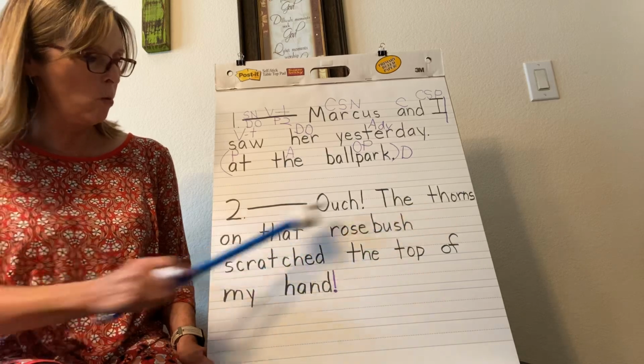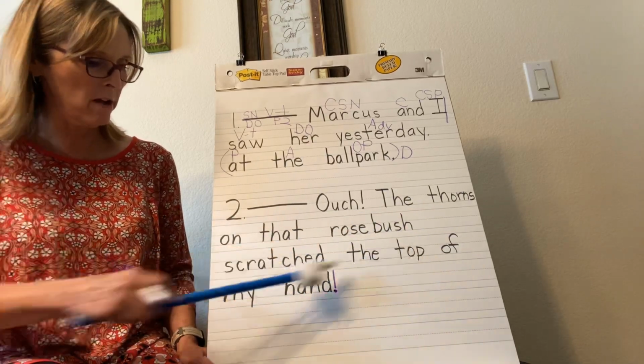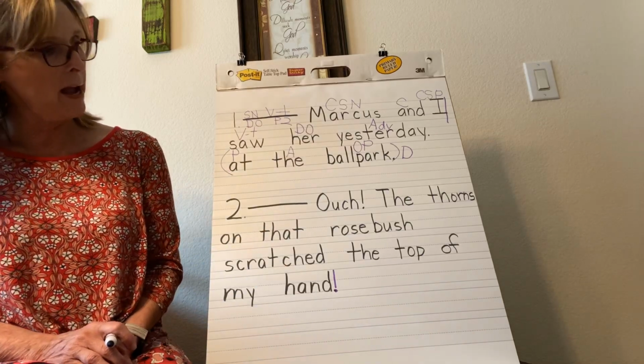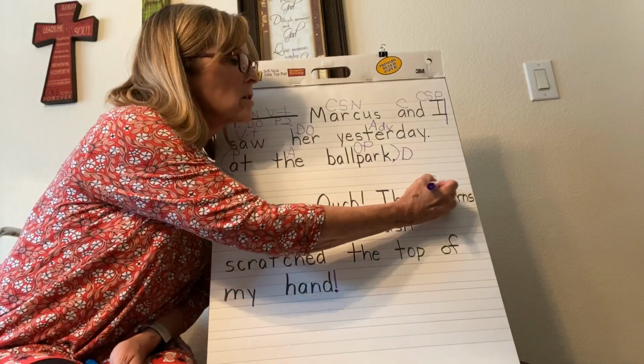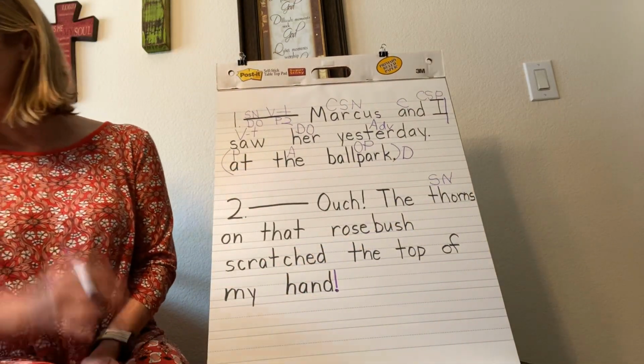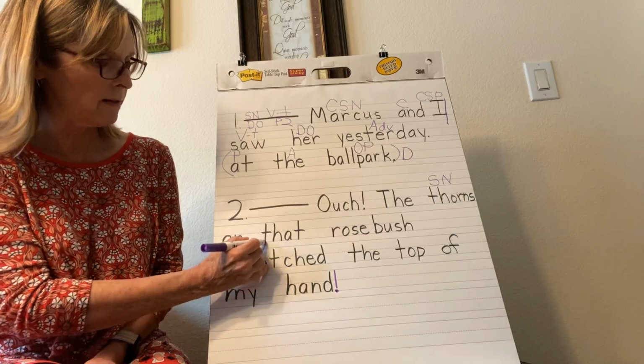Ouch! The thorns on that rose bush scratched the top of my head. What scratched the top of my head? Thorns. Subject, noun. What is being said about thorns? Thorns scratched. Verb.